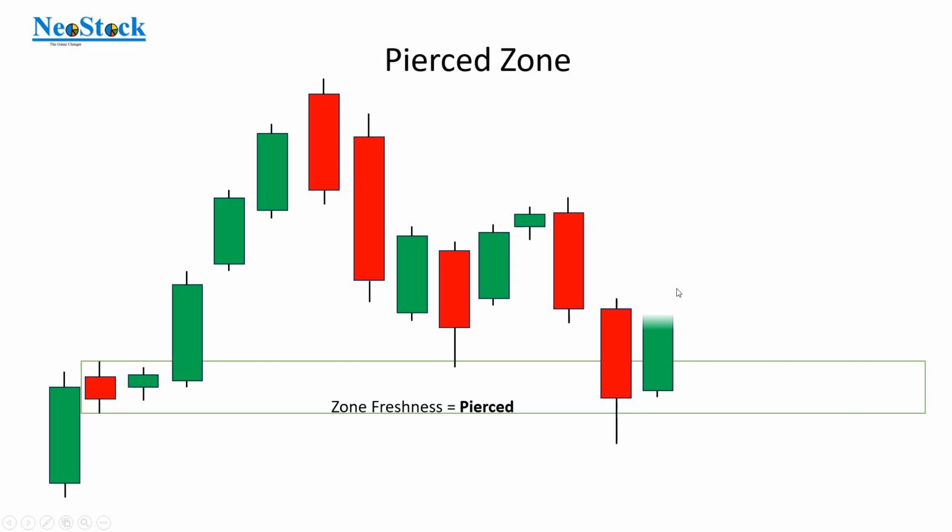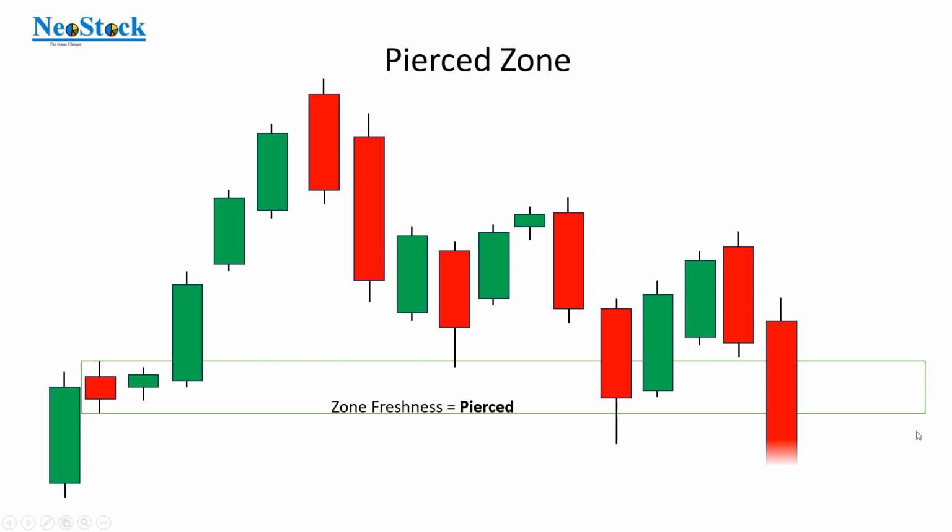Now after that, again, prices are moving up and down. And finally, once again, price went beyond this pierced zone. See, because there are no institutional pending orders, how easily the prices came below this. Easily it passed the pierced demand zone.